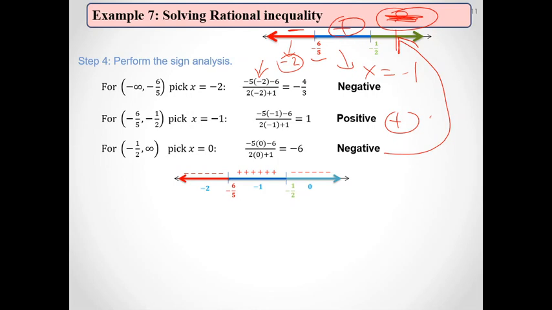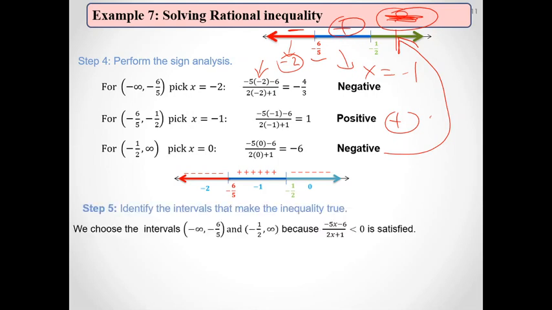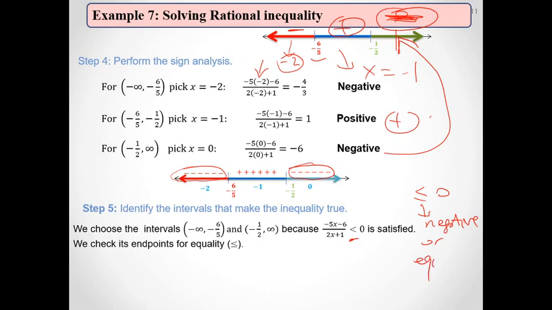Then what to write here? What was wanted? We choose these negative intervals here. We have to go back and see in step 1 what is wanted: negative, or equal to 0 wanted.